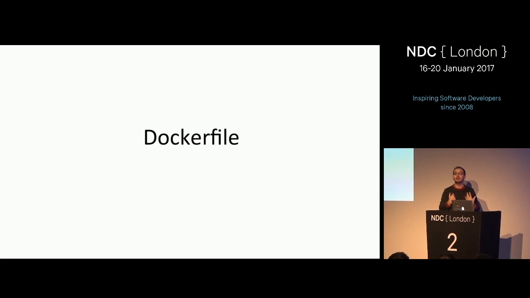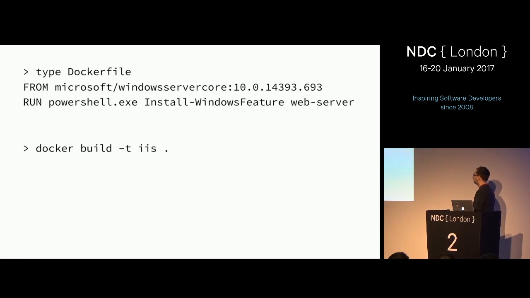So this is what we need in order to deploy NerdDinner as a Windows container. To start with, we need to have IIS, since it's a full-blown .NET MVC application, MVC 2, I believe, at that time.